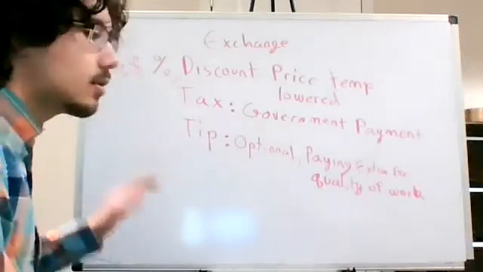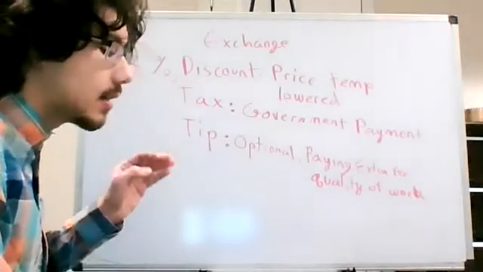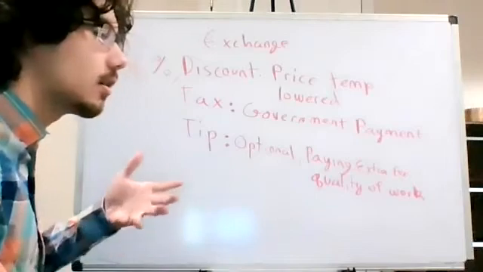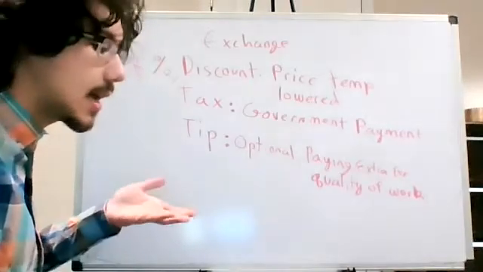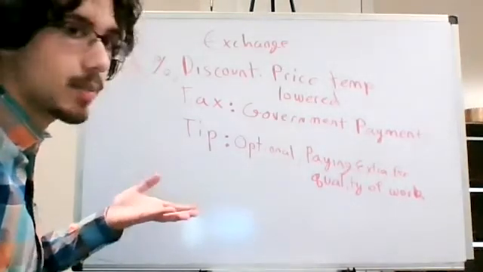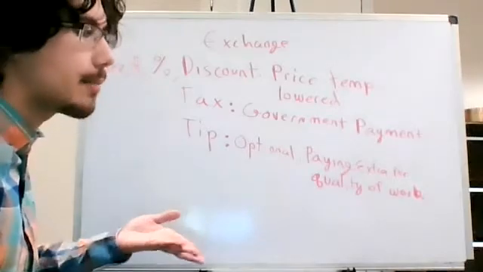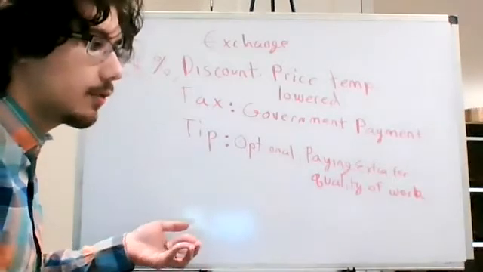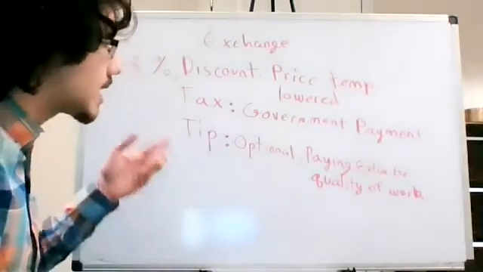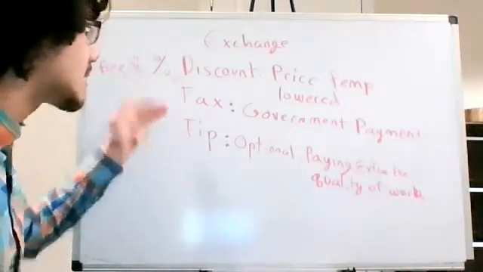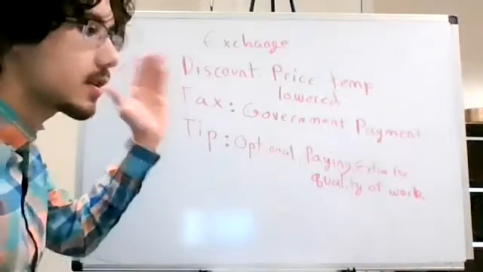But the way that tip is usually paid is that there's a certain conventional percent, like say 10%. 10% is a popular tip in America for servers. So 10% of whatever the final price is after tax is what you pay for the servers.